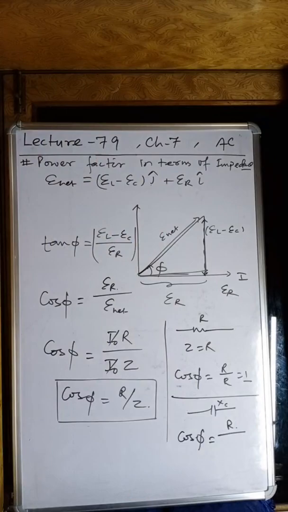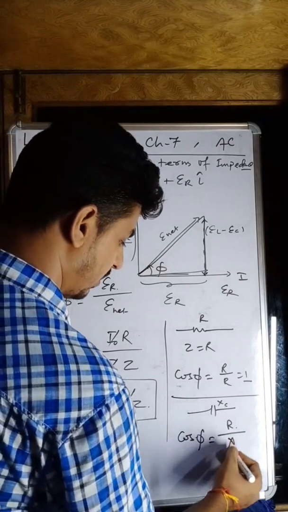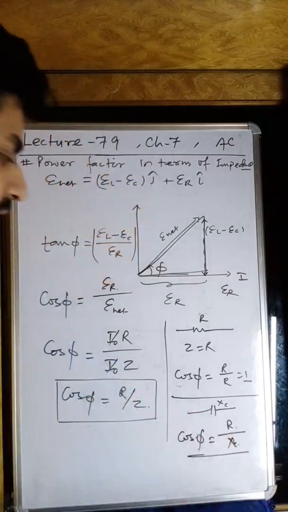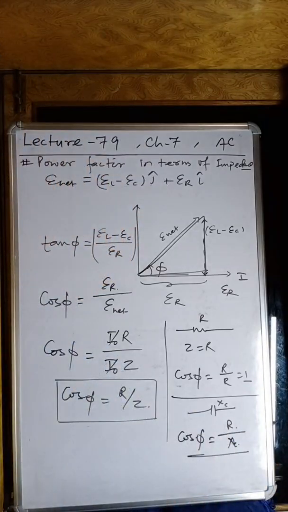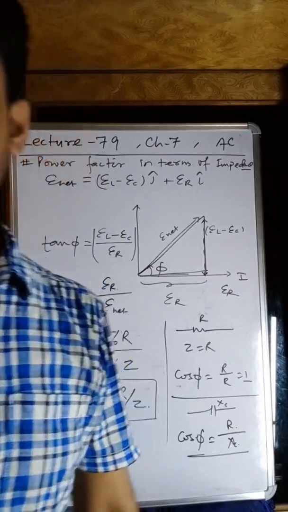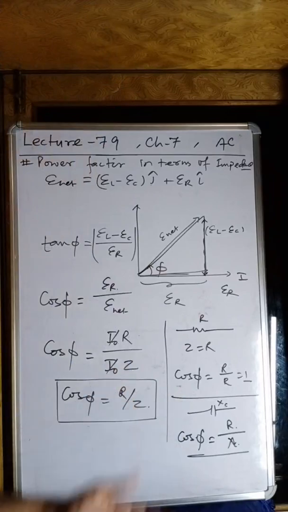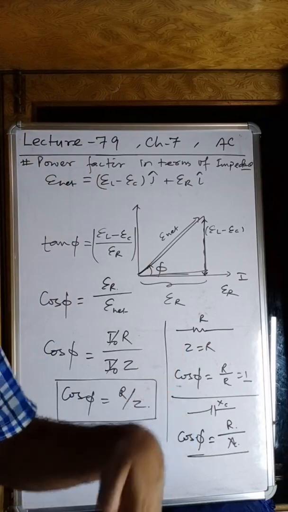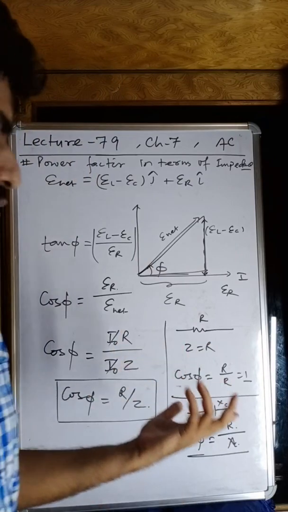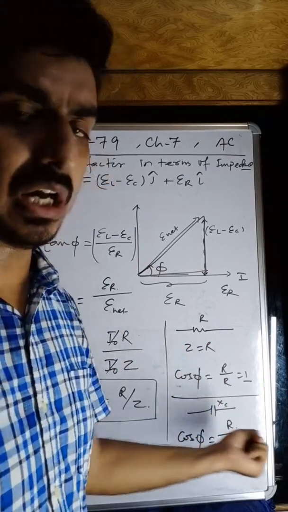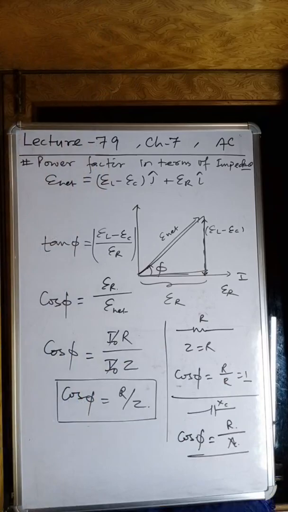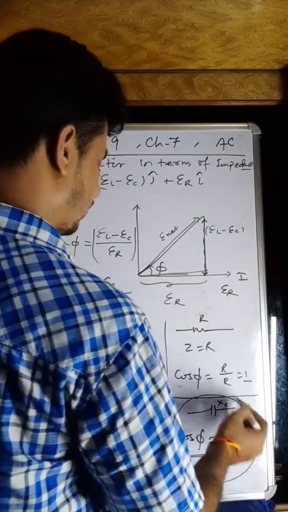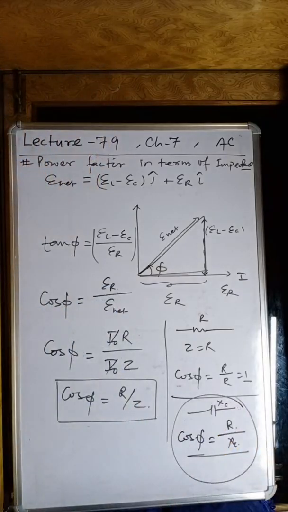You can find almost the same value if you compare this one. But the power factor of an individual capacitive or inductive circuit, what we see is that the phase is pi by 2 and the power factor is a very small value. So we never try to compare this value in this way.